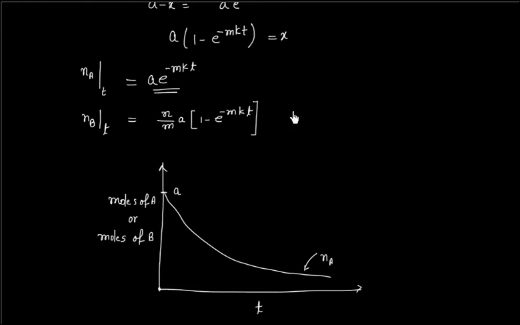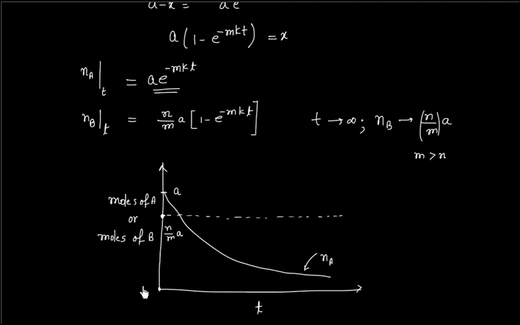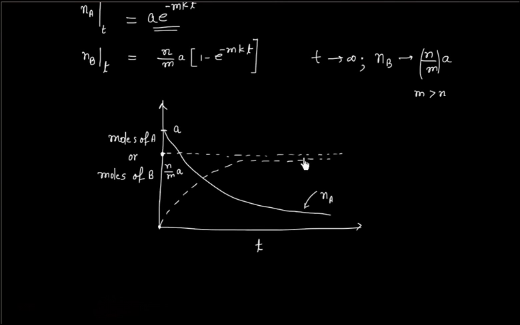So moles of B tends to n by m into A. Now if I assume m is greater than n, then the final value will be somewhere less than A. So at this point, concentration we have n by m into A. When time tends to infinity, concentration of B tends to n by m into A. So we will have this kind of curve. So this is for moles of B.